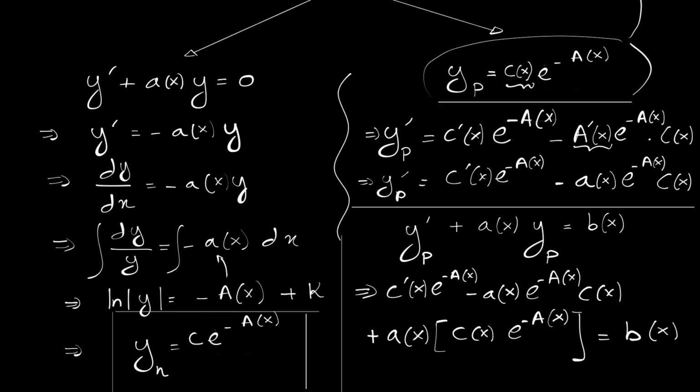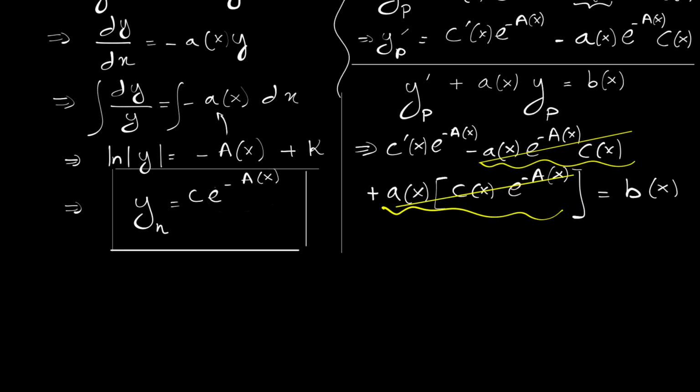As you can see, the terms with c of x cancel out, and we are left with a simple expression of the derivative of c, which is c prime of x equals b of x times exponential of A of x.